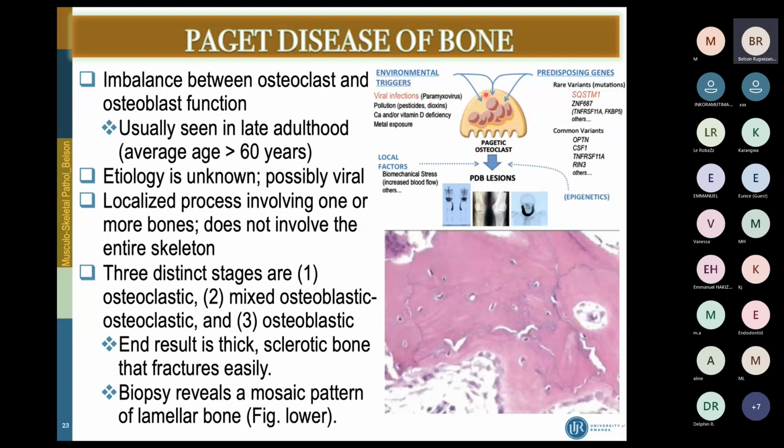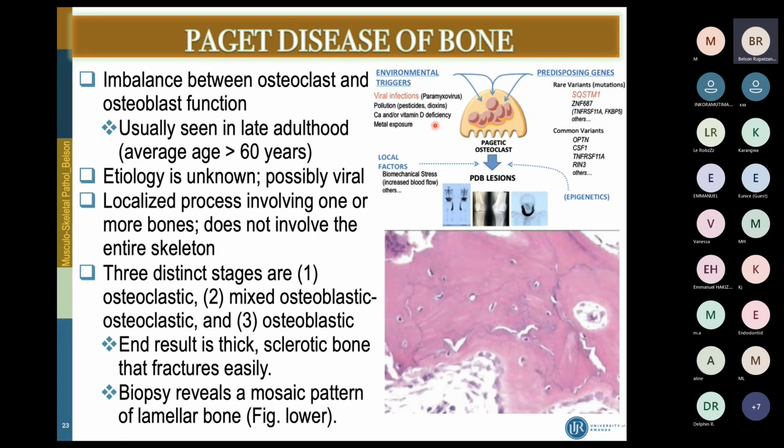So here, the diagram is explaining that there are predisposing factors, genes, meaning mutations in these genes listed here. And we also have environmental factors such as viruses and pollution by pesticides. People who work in farms are exposed to these chemicals.